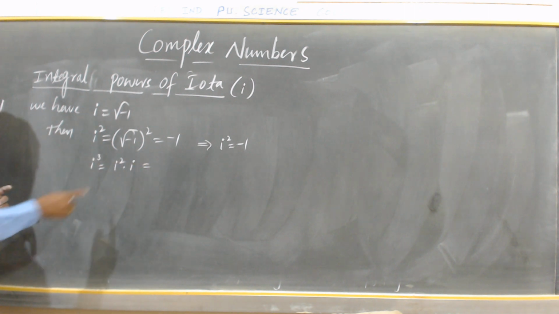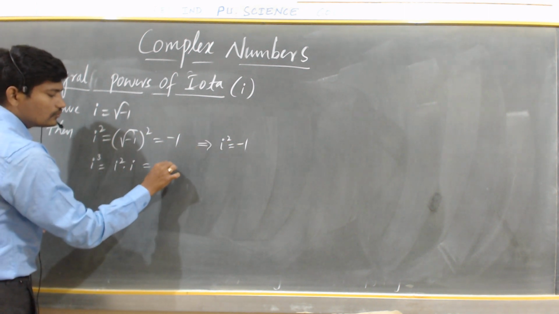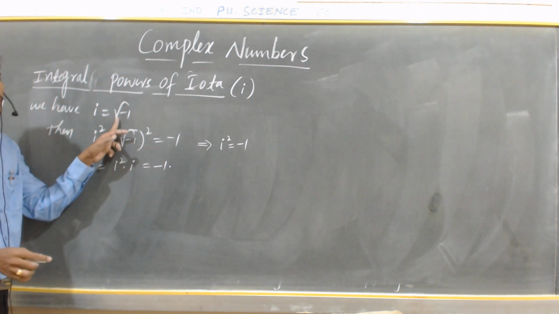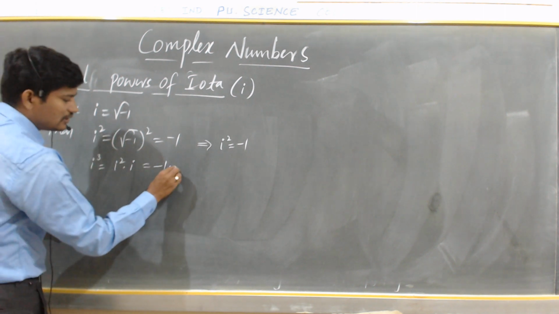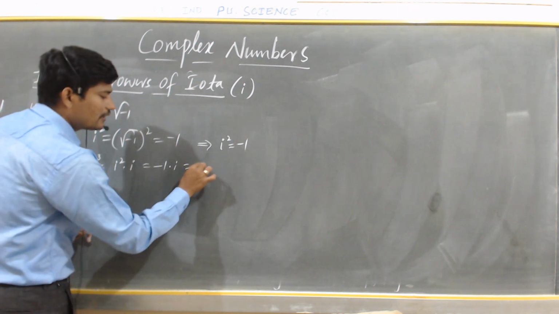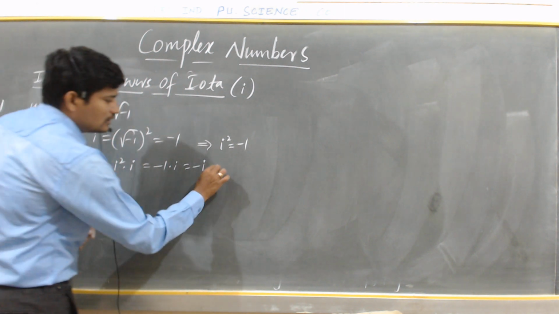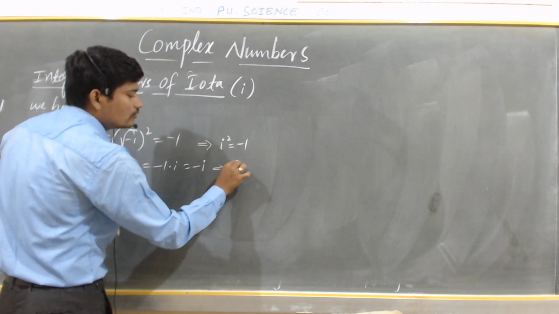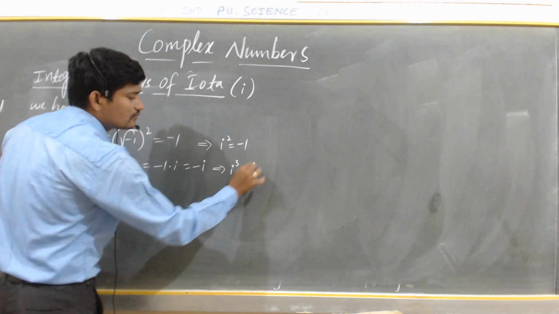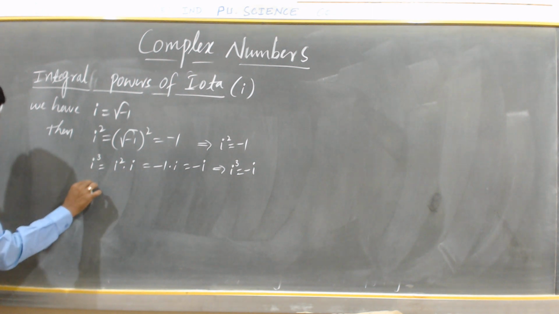We already know i square is minus 1, into i, which is the square root of minus 1. So minus 1 into i is minus i. So finally i cube is nothing but minus i.